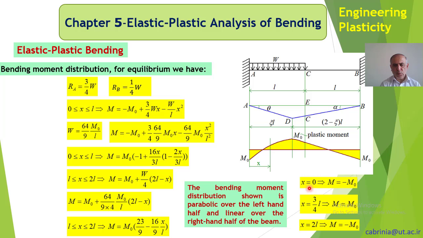You can see if you put x equal to 0 here, you get M equal to minus M0. If you put x equal to 3/4 of L in here, then you get M equal to M0, and if you put x equal to 2L, you get M equal to minus M0.